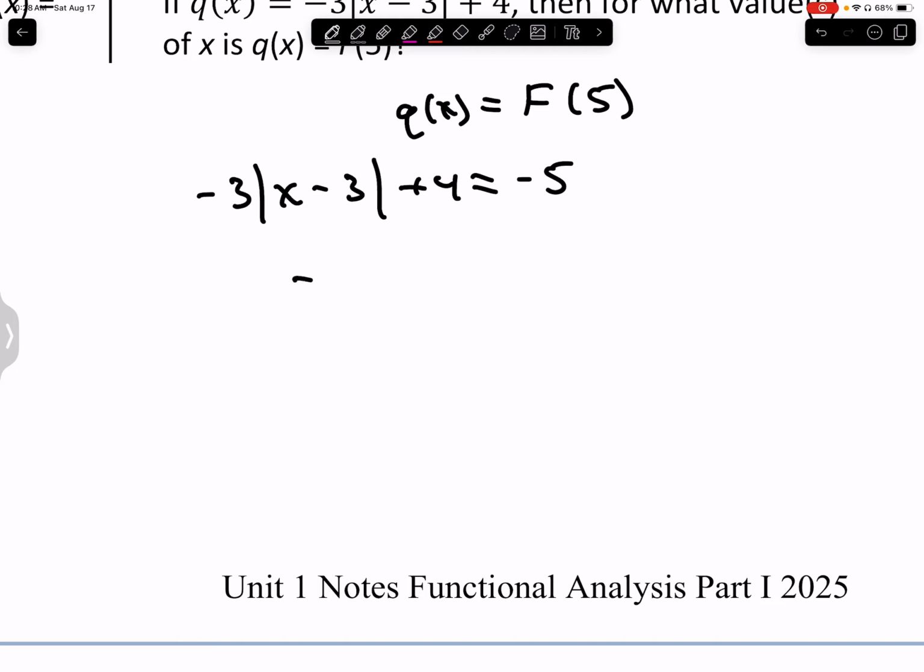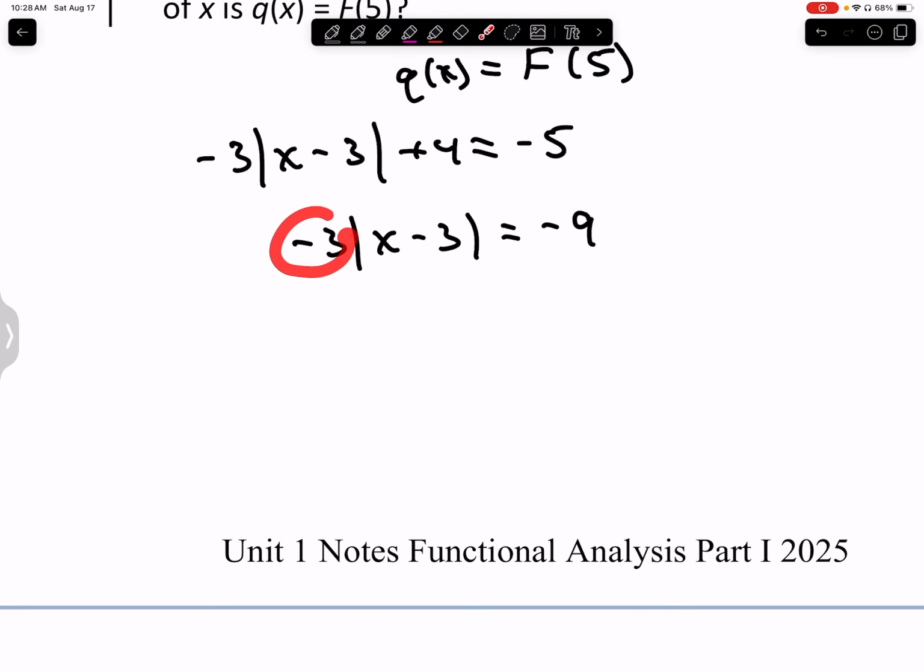So I'm going to subtract 4 from both sides first, trying to get the absolute value by itself. Negative 5 minus 4 is negative 9. Then, to get rid of this times negative 3, I divide both sides by negative 3. I'm going to get the absolute value of the difference of x and 3 is equal to positive 3.